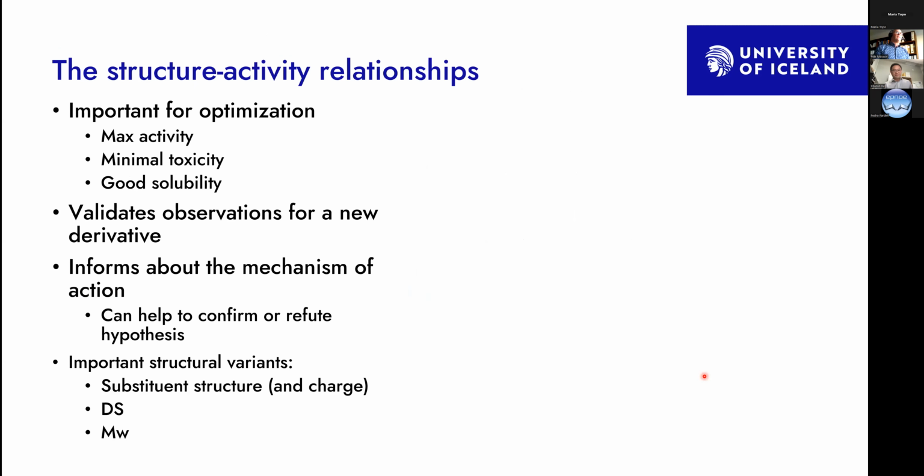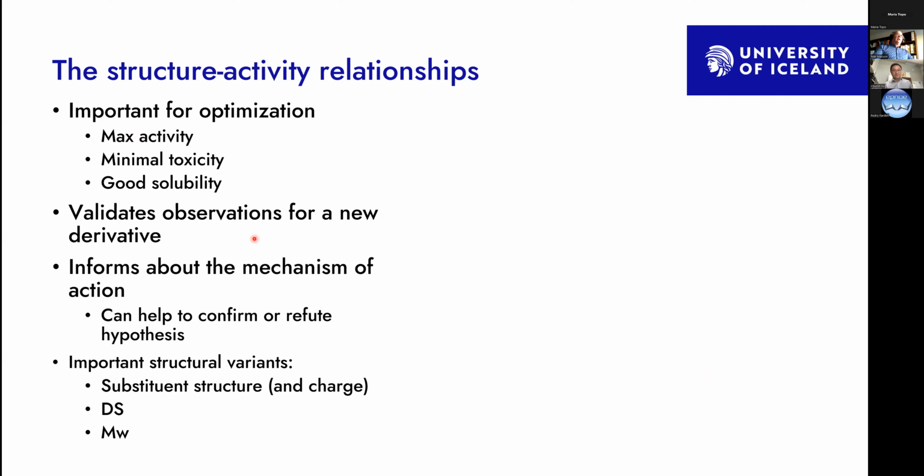And then I'm going to come into the main issue maybe of my talk, which is the structure activity relationship. And a little bit talk about why we study structure activity relationship, especially for chitosan derivatives. Well, this is important to maximize the activity, minimize the toxicity, and often have good solubility.